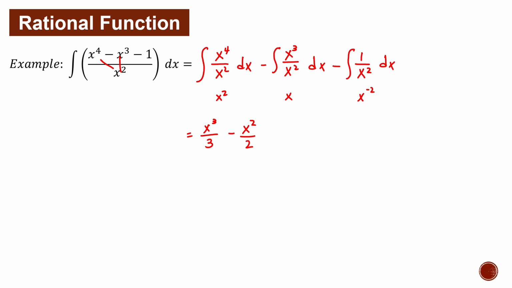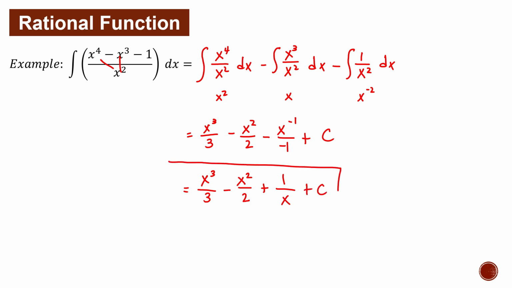And this is minus x raised to negative 1 over negative 1 plus c. So our final answer is x raised to 3 over 3 minus x squared over 2. This is going to be plus now, and we want the exponent to be positive, so this will be equal to 1 over x plus c. There you go.